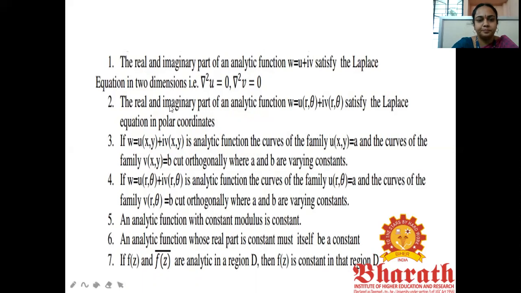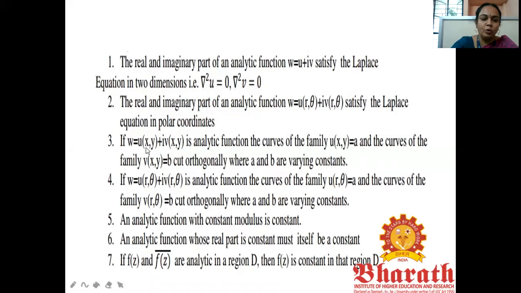Some properties: the real and imaginary parts of an analytic function, that is w equal to u plus iv, satisfy the Laplace equation in 2 dimensions, that is del square u equal to 0 and del square v equal to 0. Similarly, the real and imaginary parts of an analytic function satisfy the Laplace equation in polar coordinates also.